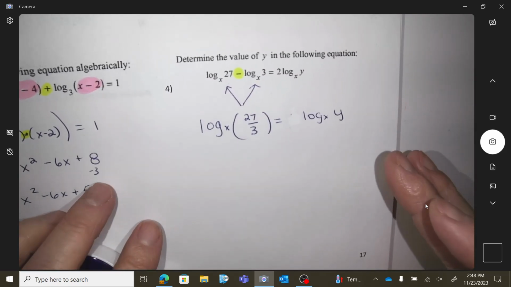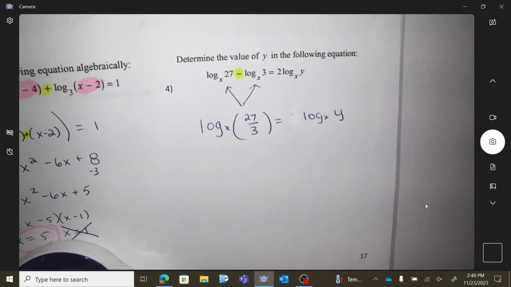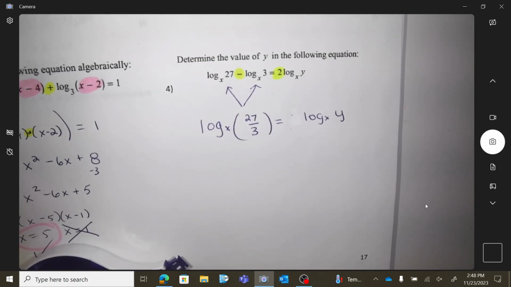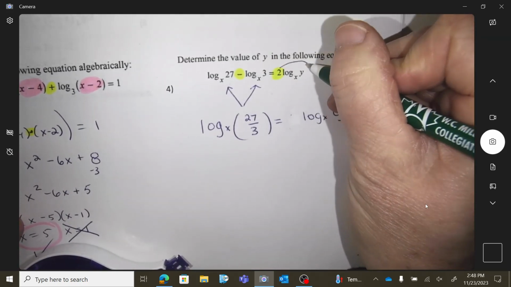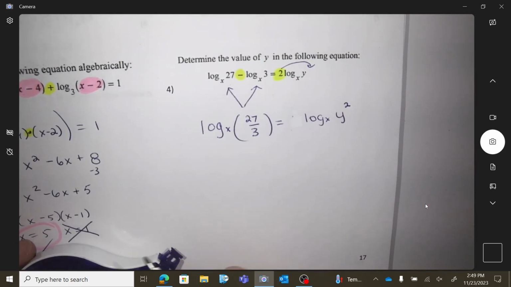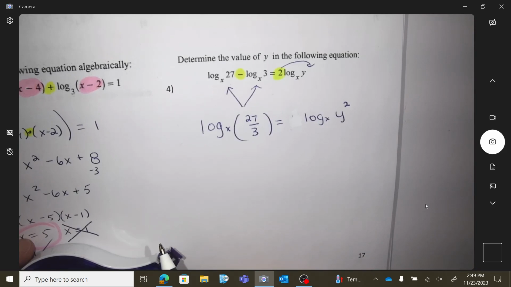Okay, this was a multiplier. So how can I undo the multiplier? I can move it back up top, right?